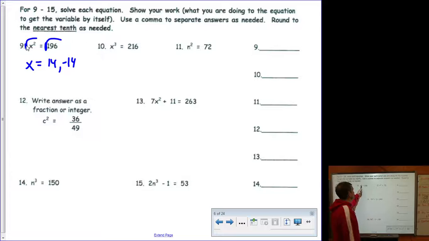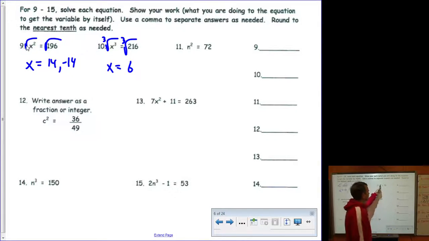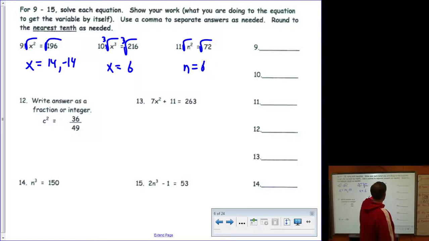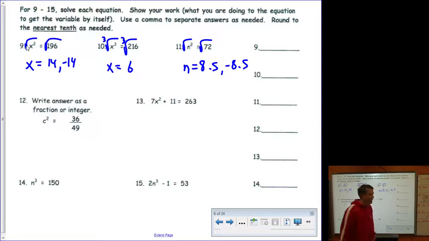Here I'm cubing the x, so to get rid of the cube I need to take the cube root of both sides, and that gives me 6. Here I'm squaring the n, so to get rid of the square I need to do the square root, and the square root of 72 is 8.5. So it'd be 8.5 or negative 8.5.